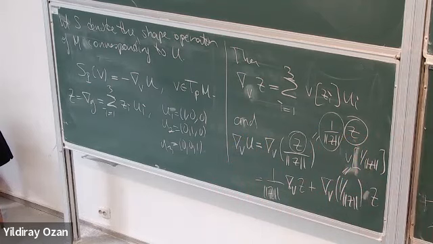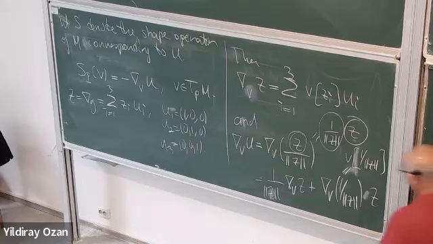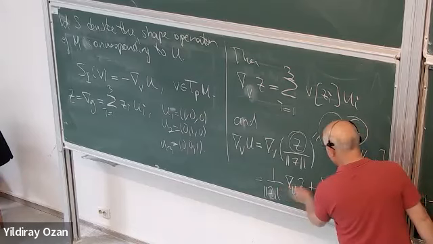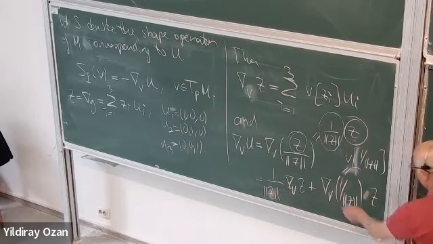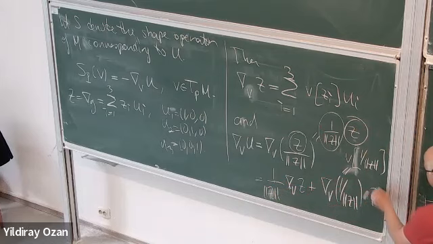I'm sorry. Here, this is a vector, this is a scalar, and here this is a scalar and this is a vector. But the thing is the following. This is a normal vector to the surface, not unit normal, but a normal vector to the surface.